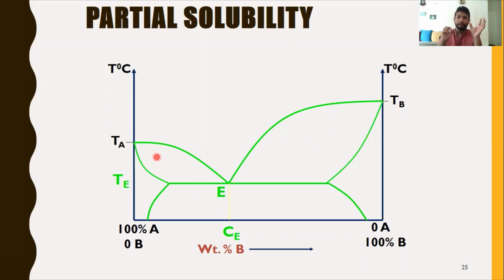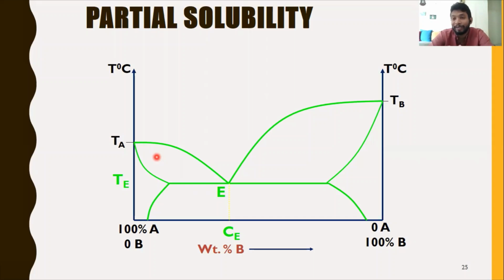Now remember, alpha means high A, low B. Beta means high B, low A. These are two different structures, but they are not compatible together. So by mixing, they don't form gamma or something else. It's just alpha and beta, like A and B, right? I don't know whether it's tricky to understand.